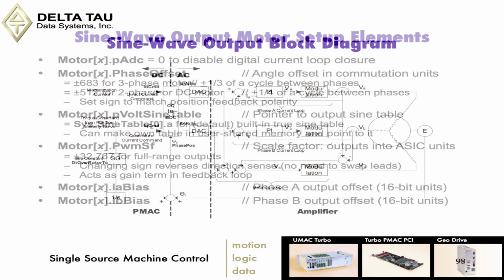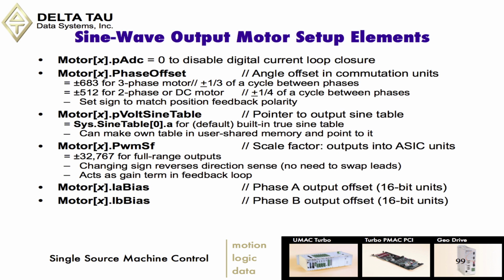Since there is no digital current loop, PhaseADC is set to 0. We will have a phase offset depending on whether it's a 3-phase motor or a 2-phase motor. It's plus or minus 683 for a 3-phase, or plus or minus 512 for a 2-phase or DC motor.